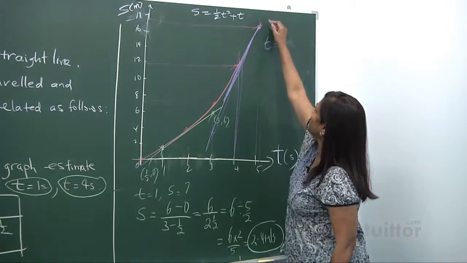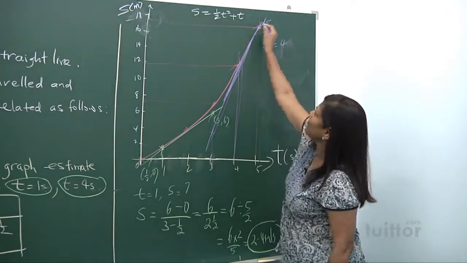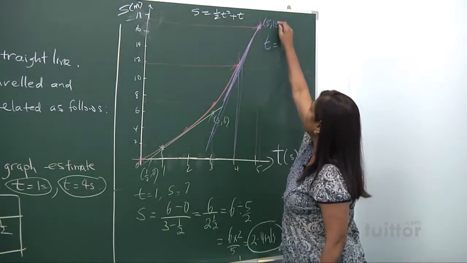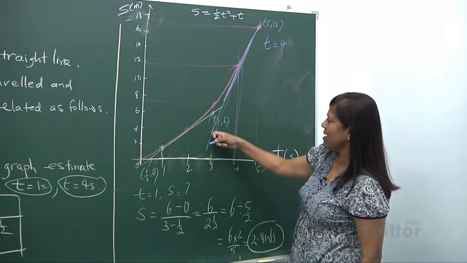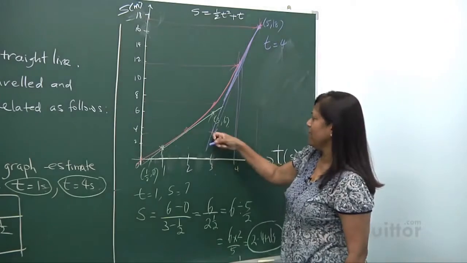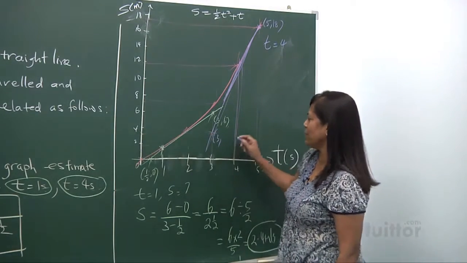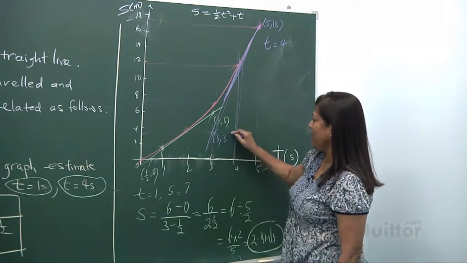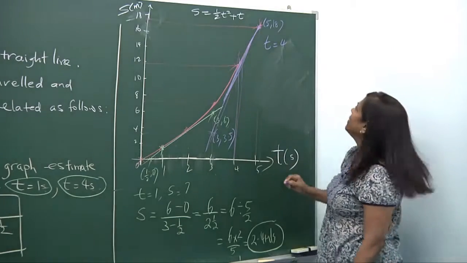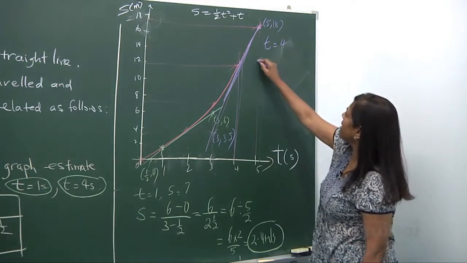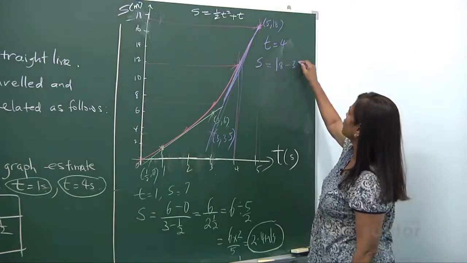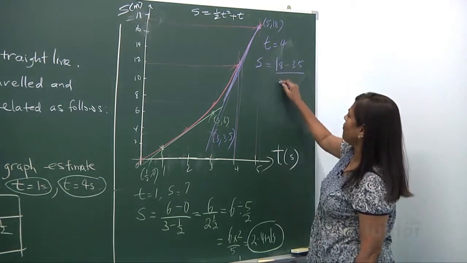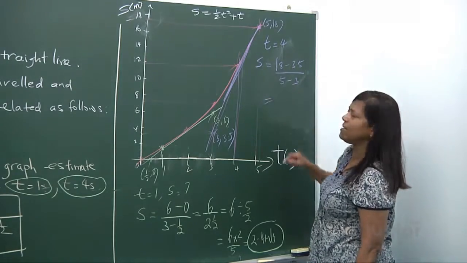I look at this point here, when t is 5, and it looks like it's 18 there to me. I look at this point when t is 3, it's about 3.5, about there. I put it as 3.5. So the speed will be 18 minus 3.5 over 5 minus 3.